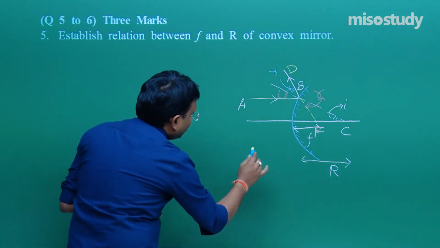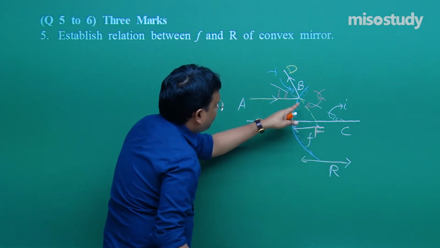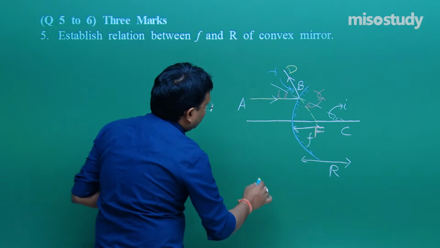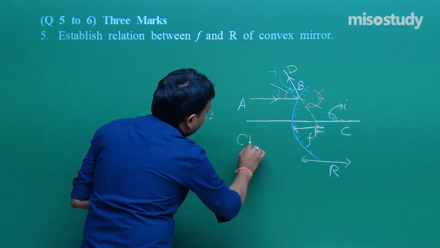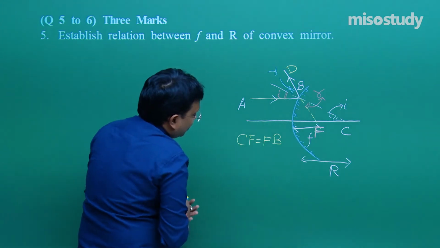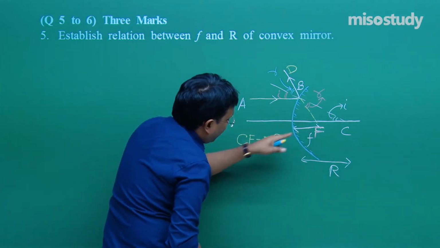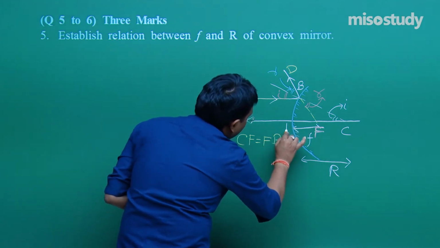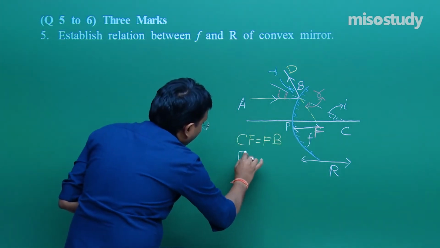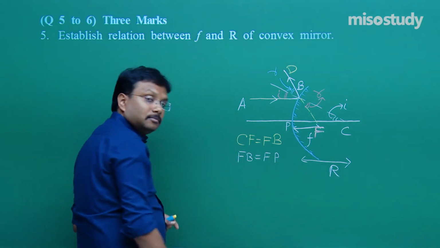Now over here CF is equal to FB, fine. Next line is FB itself is equal to FP. Where is P? P is this pole. So FB is equal to FP, fine.